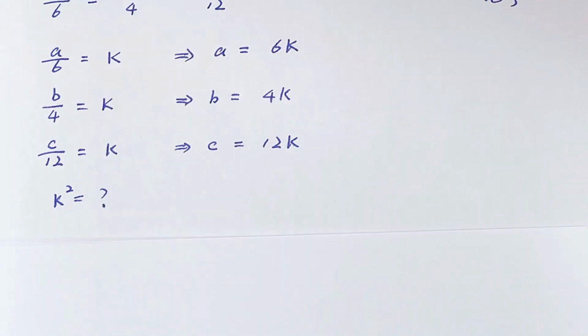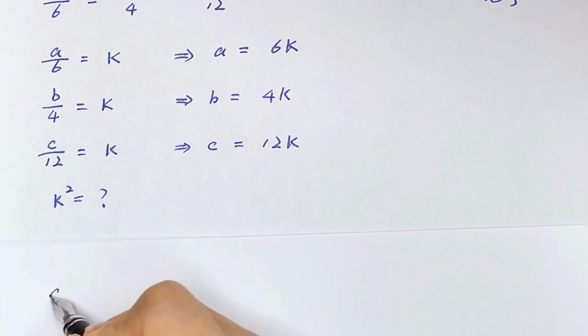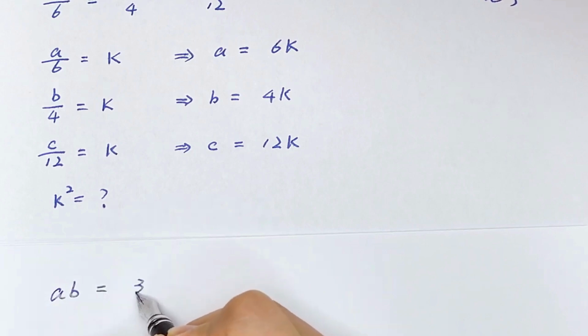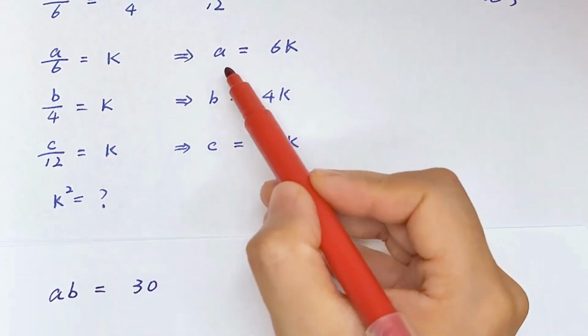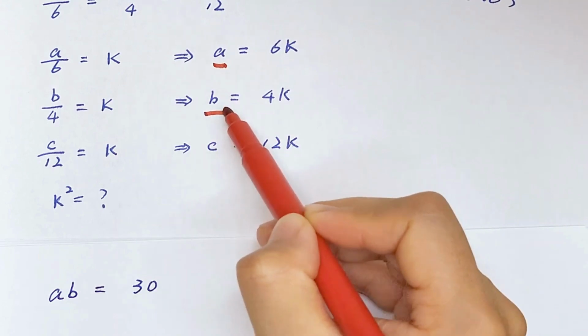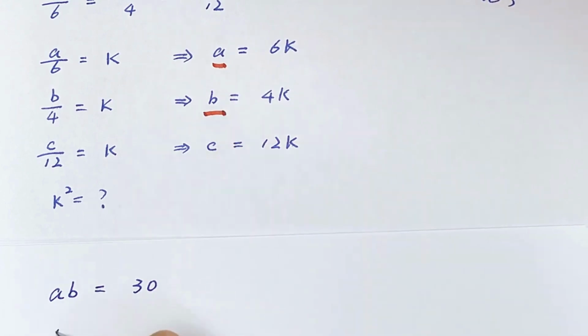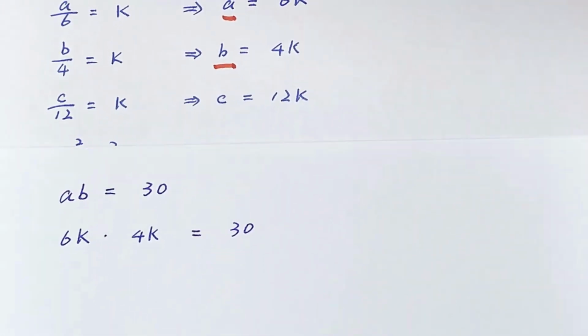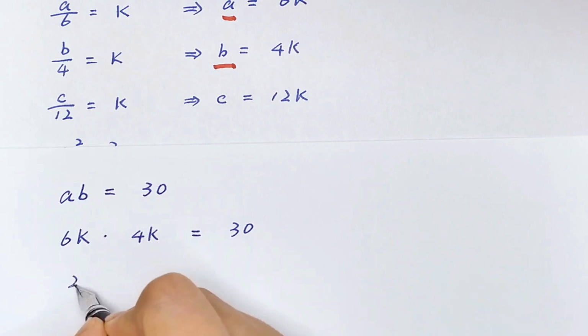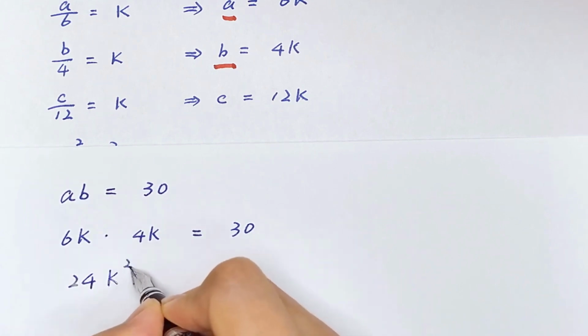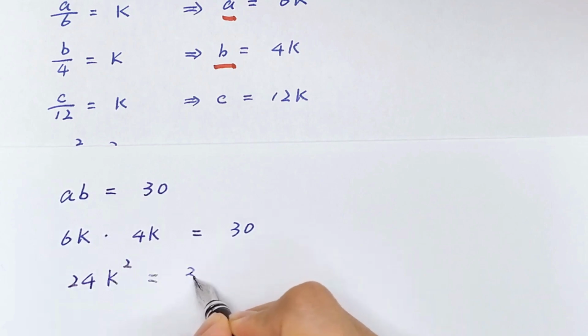Then step 2, we are going to find the value for K squared. So from AB is equal to 30, we know the values of A and B. A is 6K and B is 4K is equal to 30. Then to multiply here, it will be 24K squared is equal to 30.